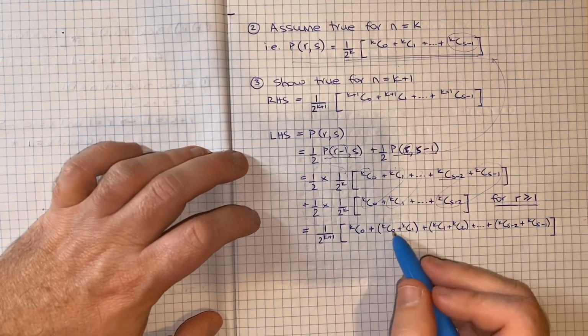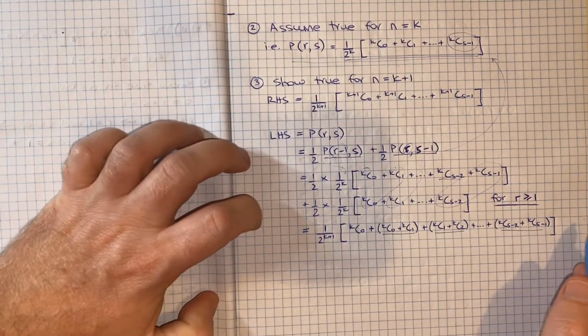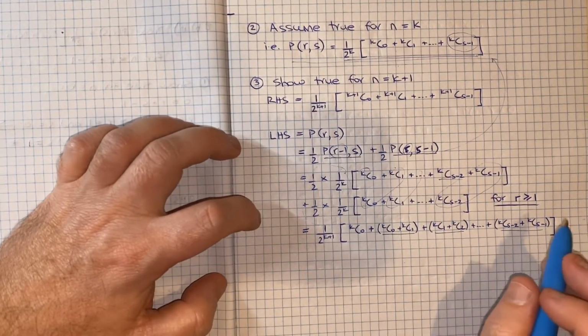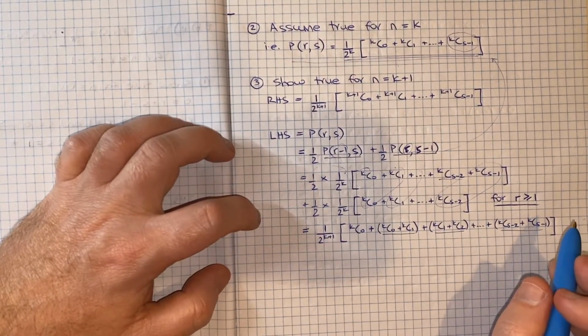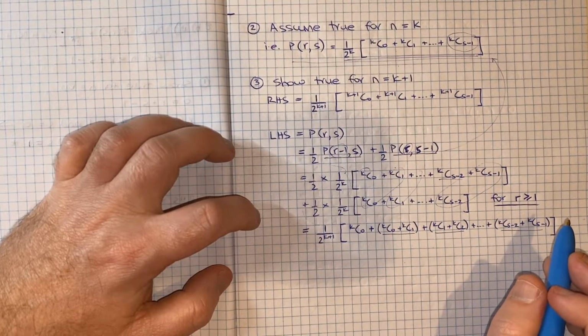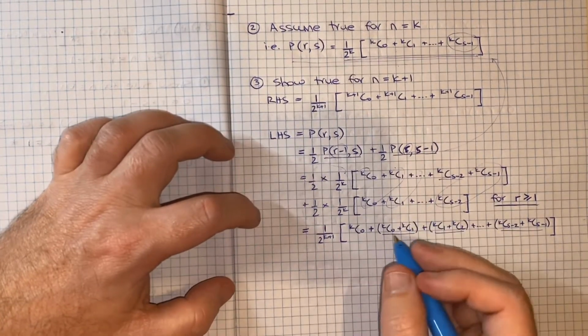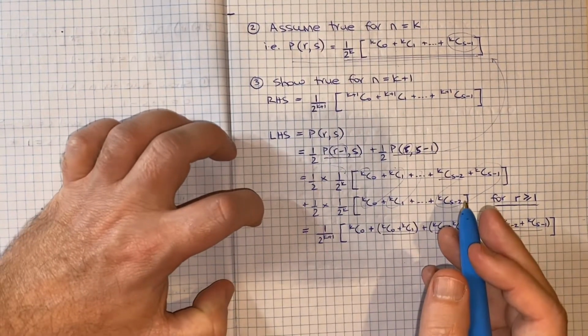And the reason I wanted to write it in these pairs is because hopefully that hints at you that there's a certain result we can make use of. You may remember that we've got one of the results from Pascal's triangle.